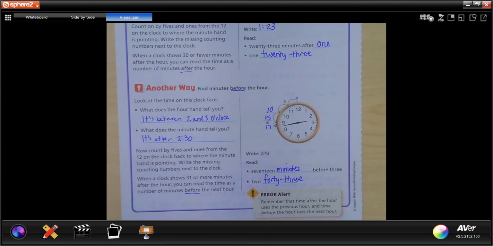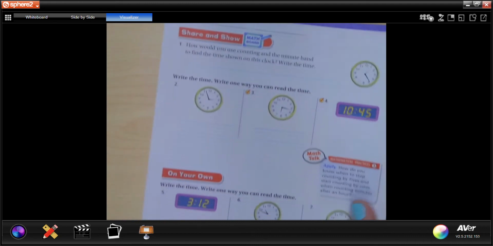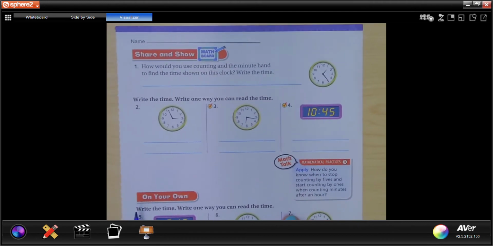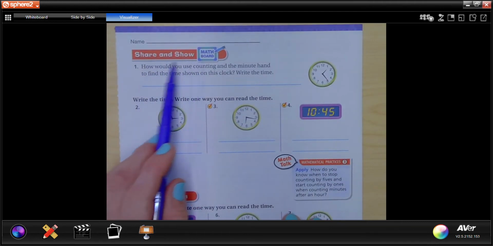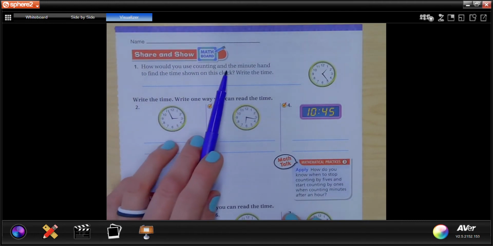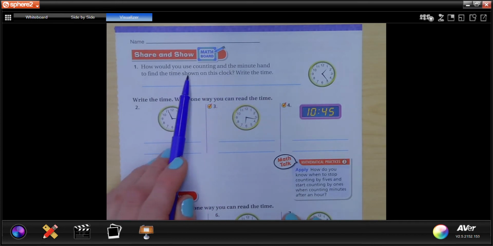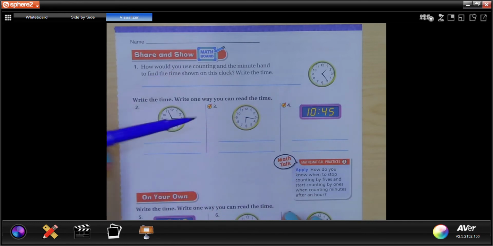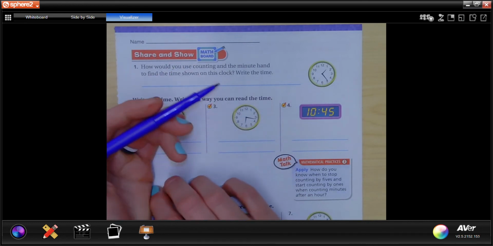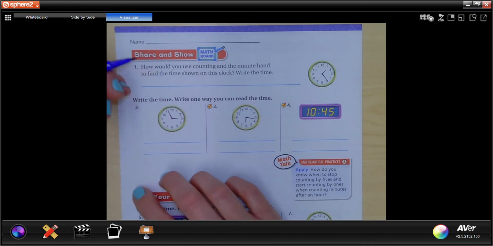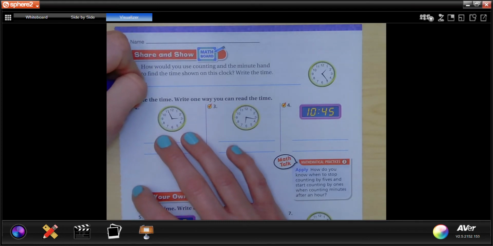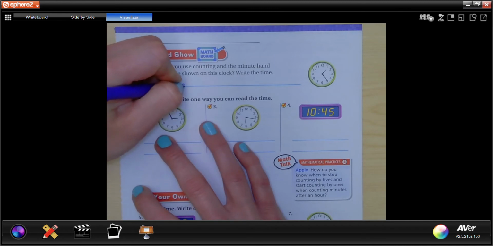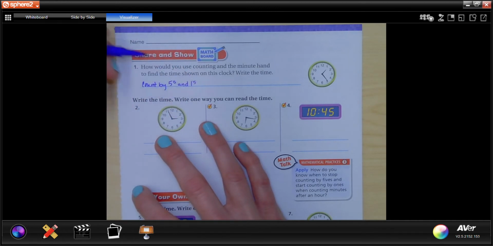Moving on now to page 563. Share and show. How would you use counting and the minute hand to find the time shown on this clock? Well, we'll count by fives, and then we'll count by ones to find the minute.